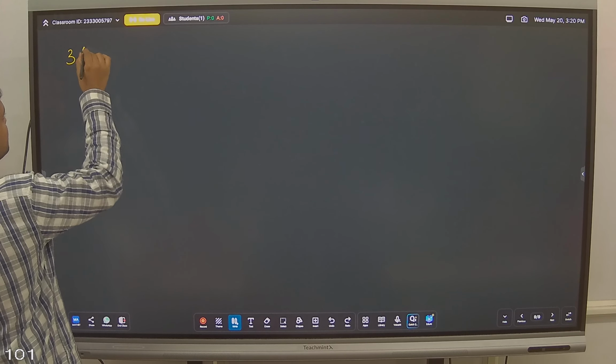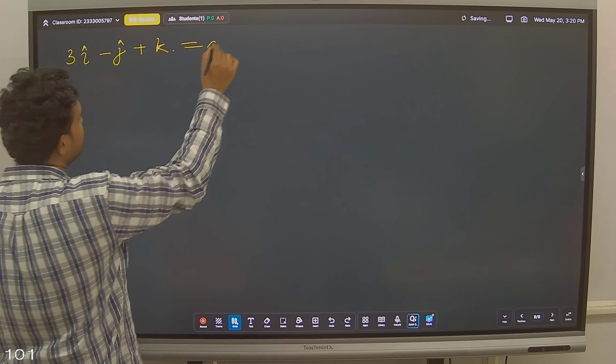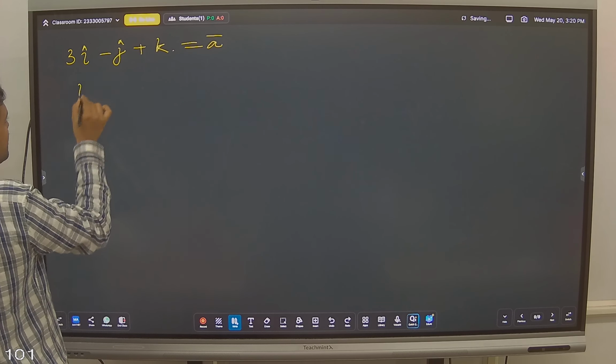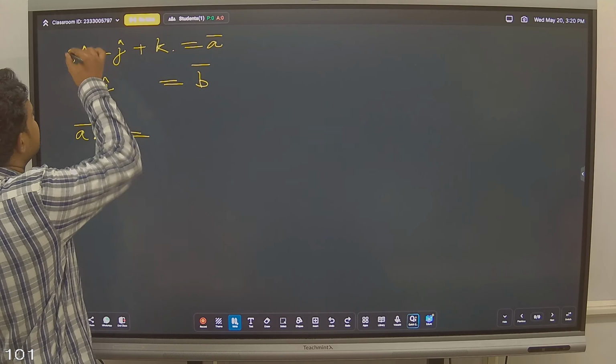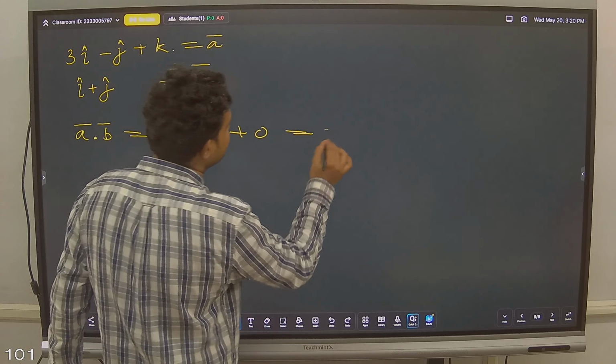3i minus j plus k is equal to A. I plus j is equal to B, right? Hey, don't irritate me further. Okay, keep quiet now. What is A dot B equal to? 3 minus 1 plus 0, which is equal to 2, correct?